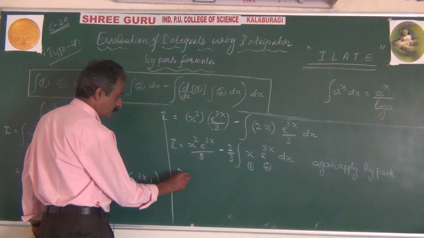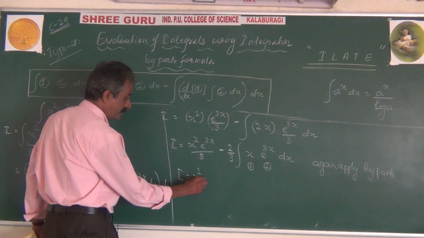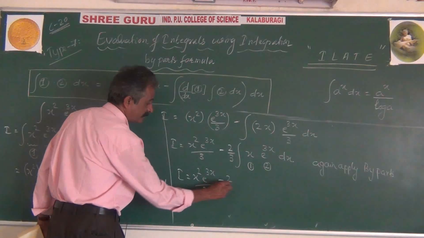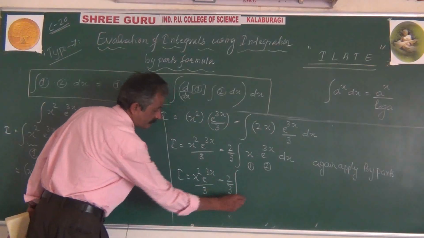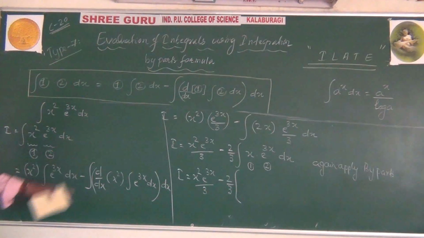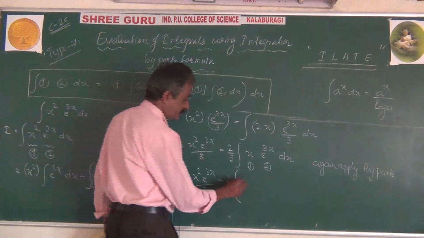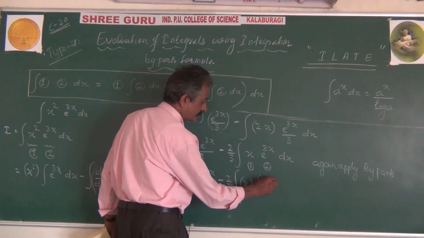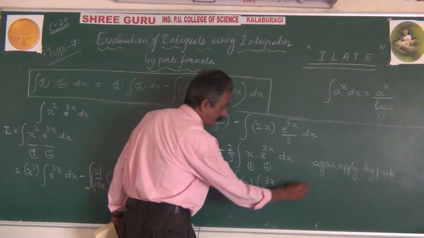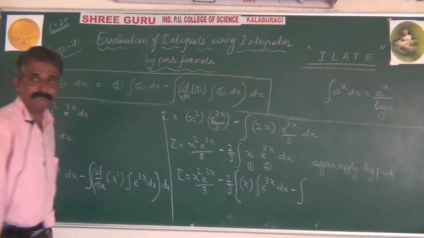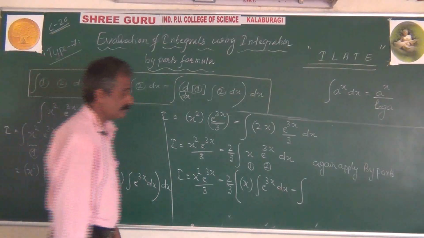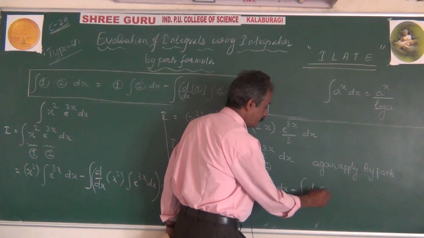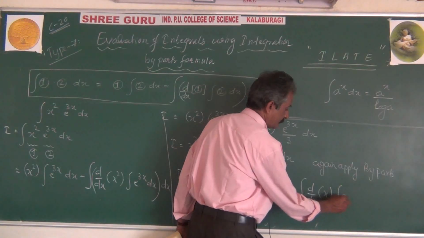That is, I equals x square e power 3x by 3 minus 2 by 3. The bracket is important. Once again by parts: first function x as it is into integration of e power 3x, minus integration of differentiation of first function, that is differentiation of x, into integration of e power 3x.